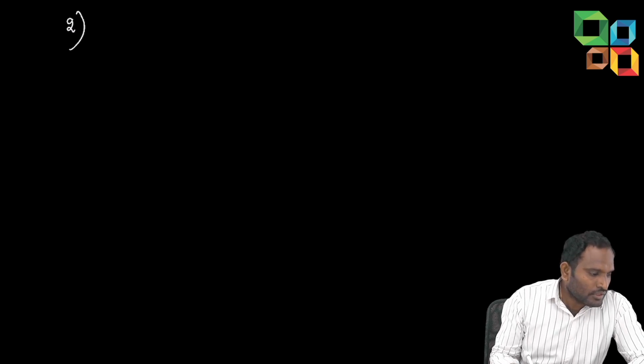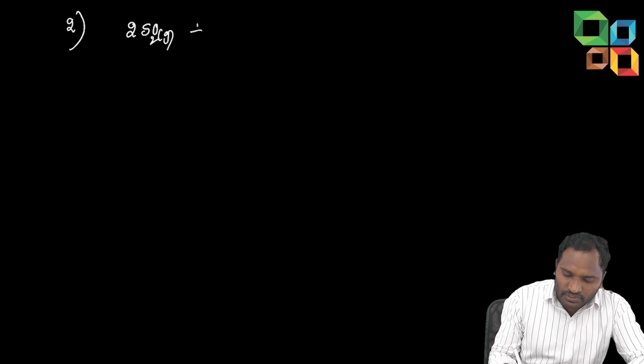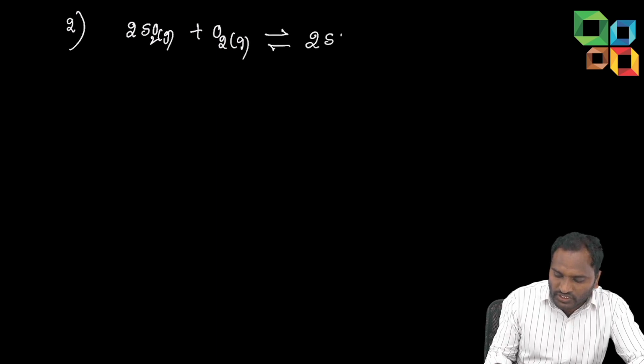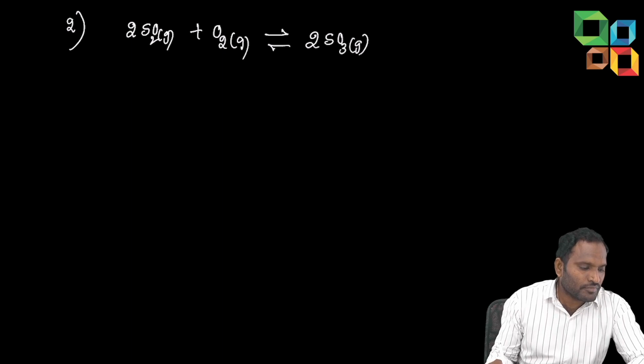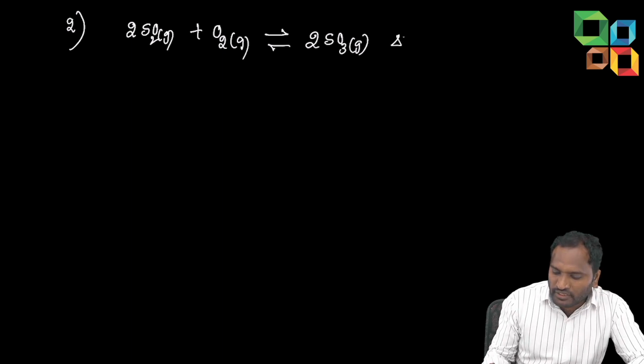Next one. One more problem. Consider the reaction equilibrium 2SO2 gas plus O2 gas is in equilibrium with 2SO3 gas, delta H is equal to minus 198 kilojoule per mole.